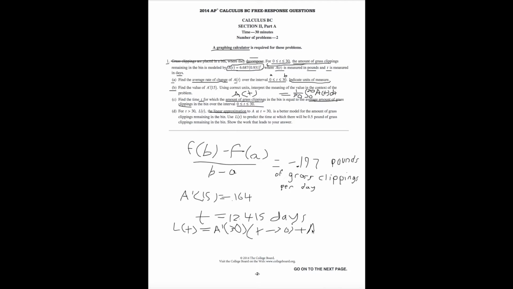So that's our tangent line. But what it's asking for is to find t where L of t equals 0.5. So, of course, we're going to be using our calculator for this.